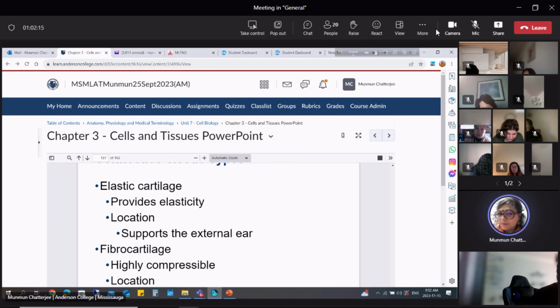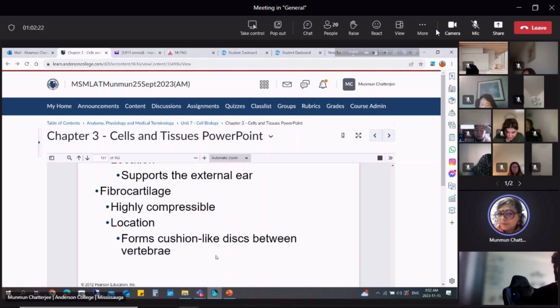And fibrocartilage is highly compressible, meaning it can be compressed a lot. Where can you find it? Cushion-like, between the vertebrae. In between the vertebrae you need it a little bit soft, but really a cushion type, so that when you are bending, stretching, and going back to your position, it can stretch and at the same time it can be compressed.